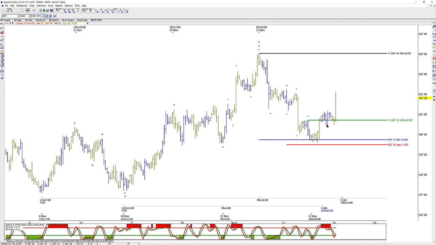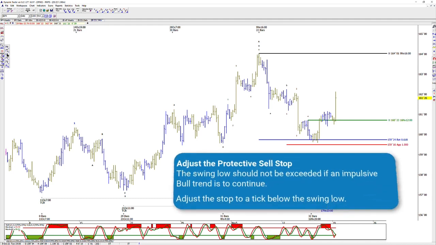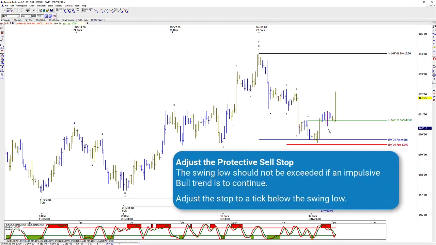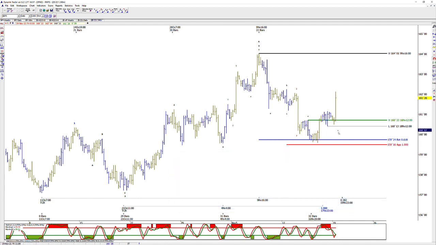it makes for a nice area, nice swing low that should not be exceeded if the bull trend is going to continue. So we can adjust the stop to this swing low, which is basically the low of the prior day. If we're stopped out, we still have a relatively small loss compared to if we were stopped out all the way down at the low back there. So we can adjust the stop in both positions to that swing low.